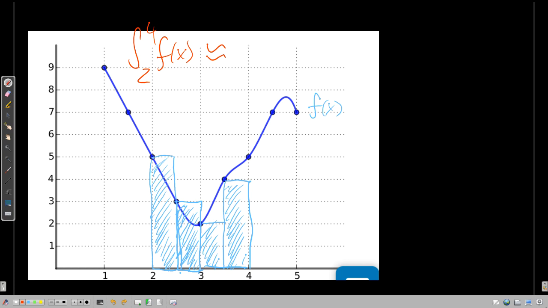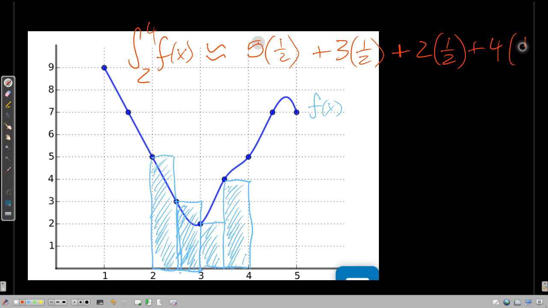You can see that it's 5, right? And the width of that rectangle is just 1/2. That's my first rectangle. My second rectangle has a height of 3 and a width of 1/2, and the third rectangle has a height of 2 and a width of 1/2, and the fourth rectangle has a height of 4 and a width of 1/2.